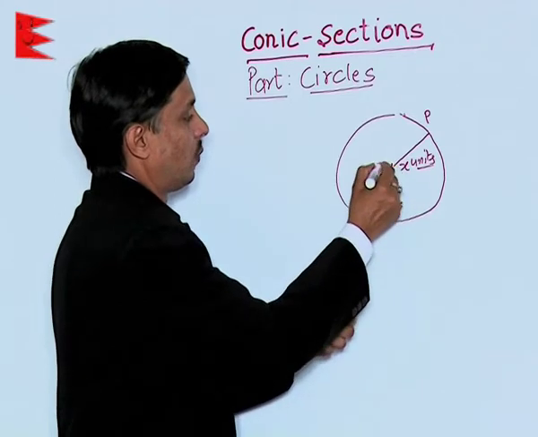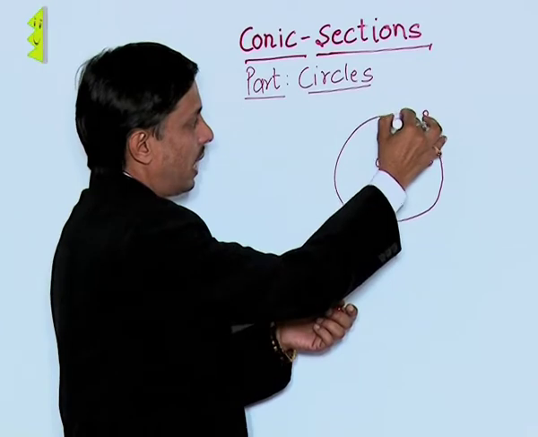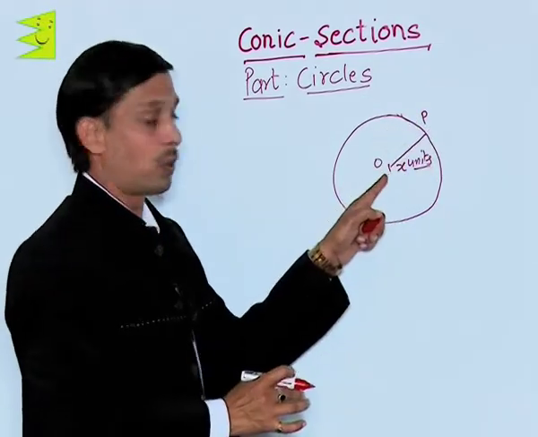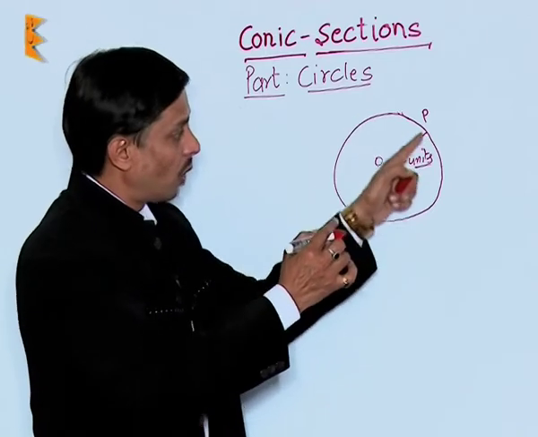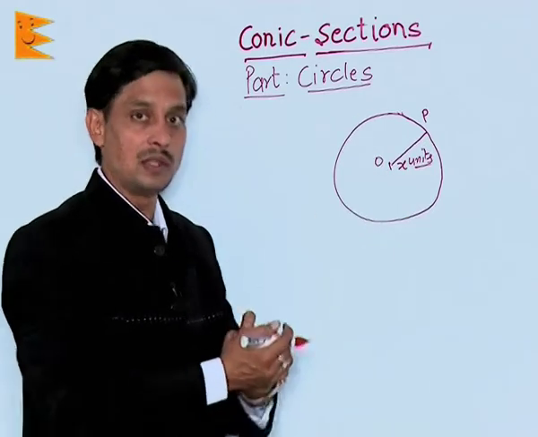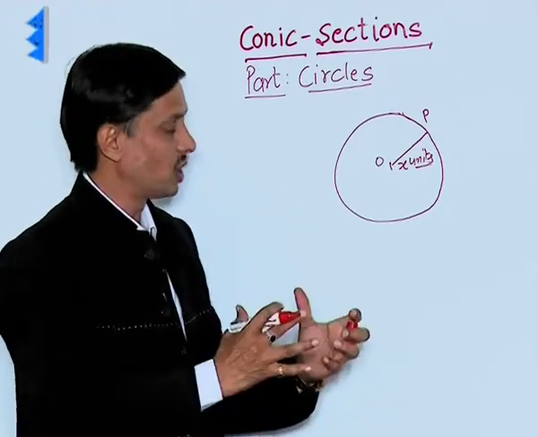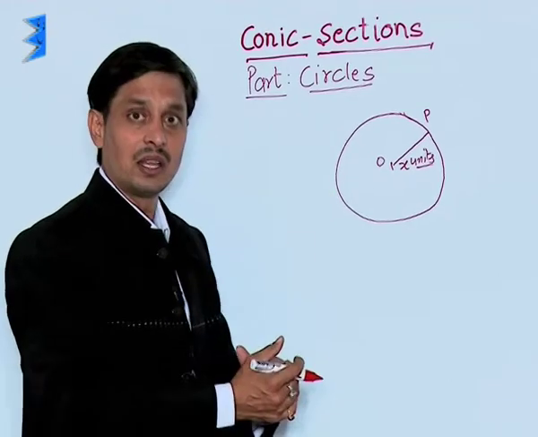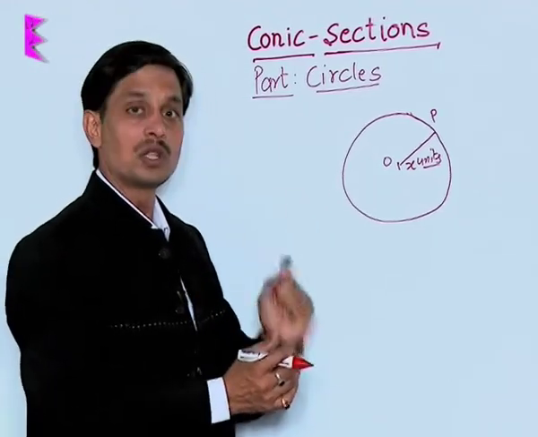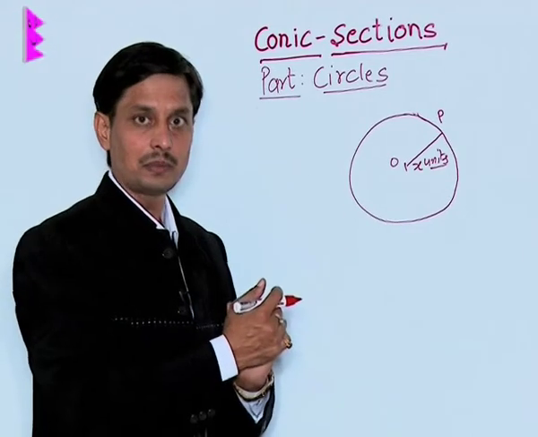This is the given fixed point O, and each point which is at a distance of x units from this fixed point, if the collection of all such points is made, then the collection, the path, the group, the set, the locus of all such points in a plane is known as a circle.